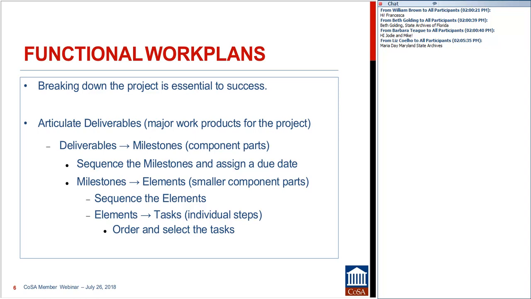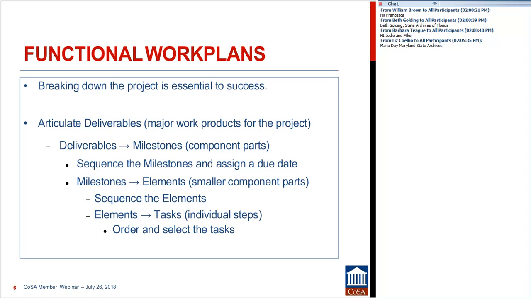So in a situation where you were describing a new collection, milestone number 1 might be the survey of the collection, and milestone number 2 might be the description of a certain segment of that collection. Those milestones give us smaller chunks of work to think in and to shoot for.